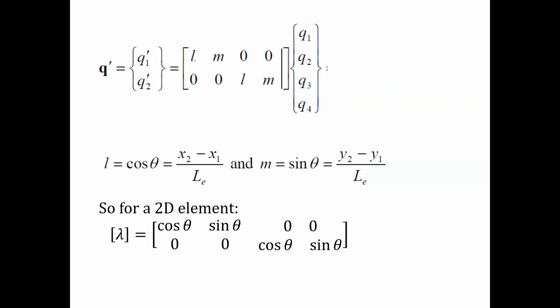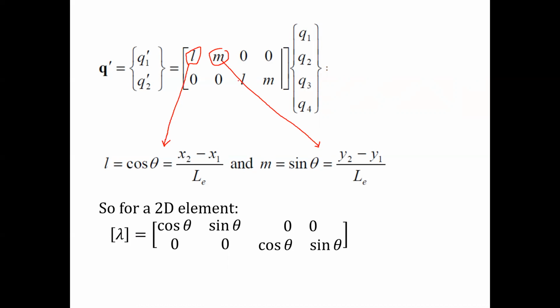Okay, the notation is such that L and M are the direction cosines of the truss, which is to say L is the cos of the angle the truss makes with the x-axis, and M is the cos of the angle that it makes with the y-axis, or just sine of theta in this particular case.